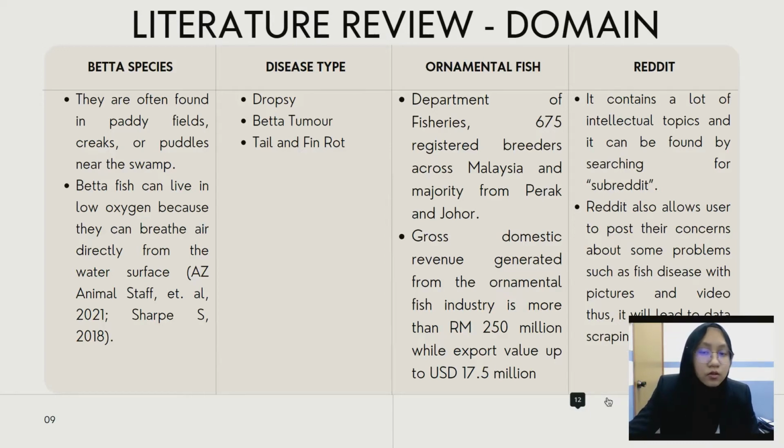So because the number of registered breeders is so large, the gross domestic revenue generated from the ornamental fish industry is more than 250 million, while the export value is up to 17.5 million US dollars.